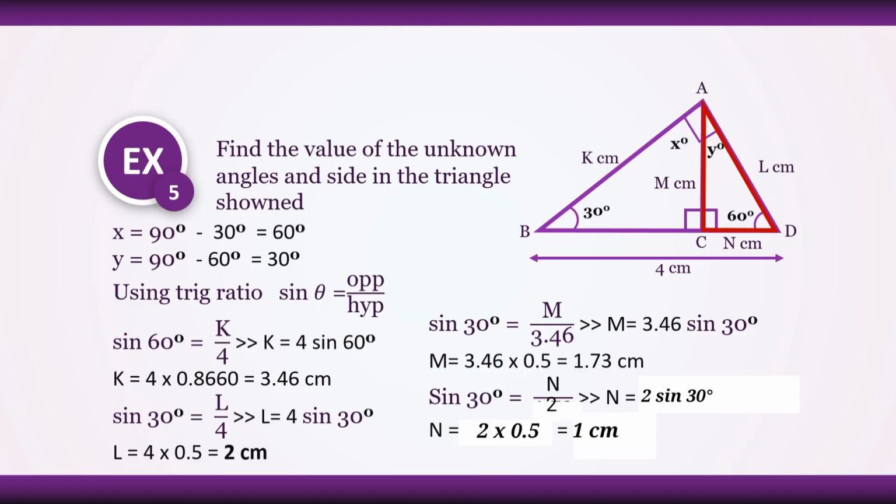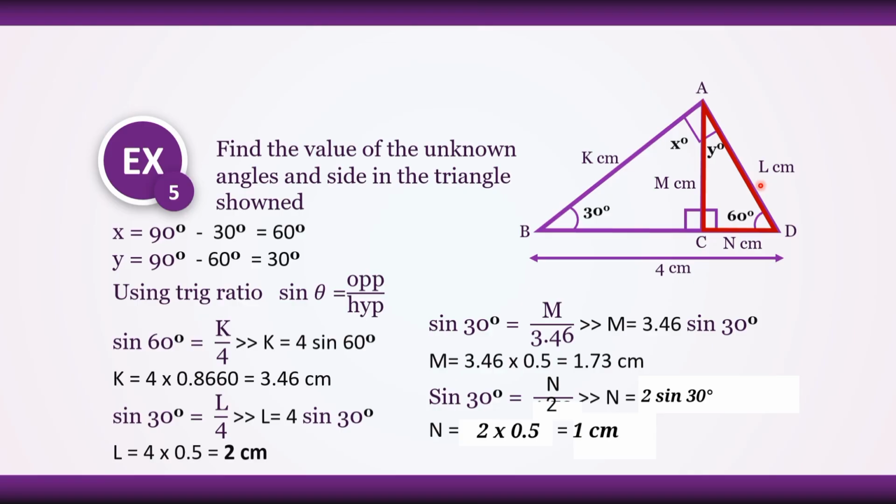And to use Pythagoras theorem, you must know at least two sides of your right angle triangle. Then you can go ahead and use your Pythagoras theorem to find the third side of that triangle. Now this question can as well be solved using trig ratio and Pythagoras theorem. You can employ the two methods to find the unknown side in this triangle.